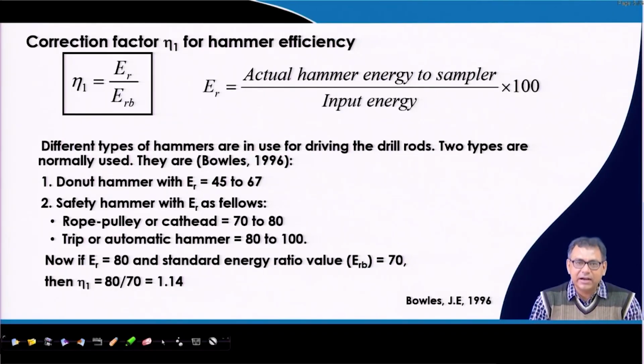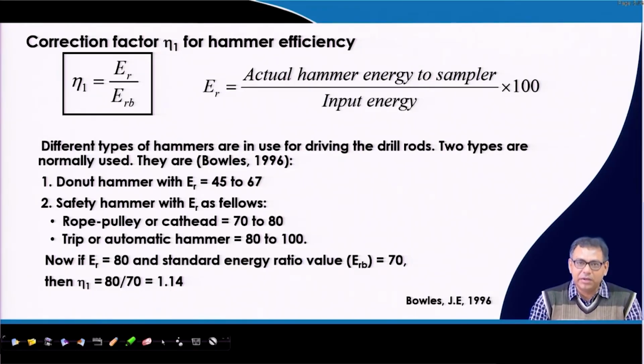ERB is a standard energy. What is standard energy? In a site you may be doing say 1000 penetration tests, and it may not be possible to conduct all the tests at the same energy. For example, sometimes your hammer energy may be 70% with respect to the energy that you are supposed to apply, because as I mentioned, your energy will be less than 100% because of some energy losses.